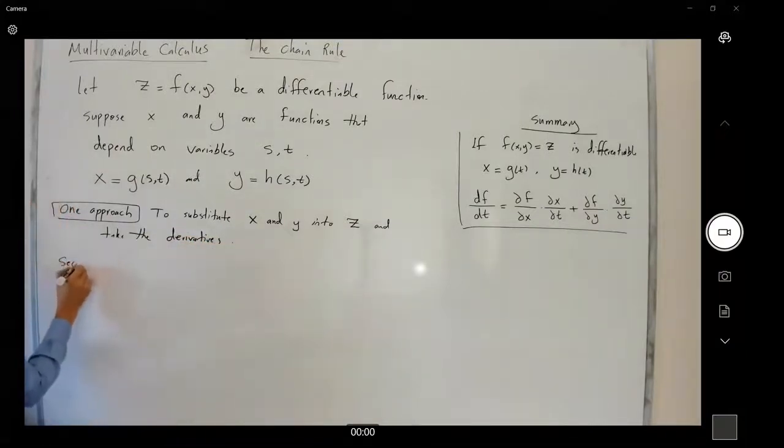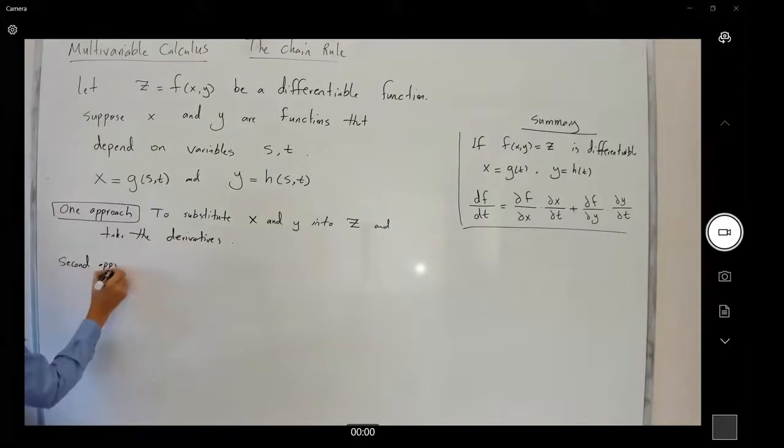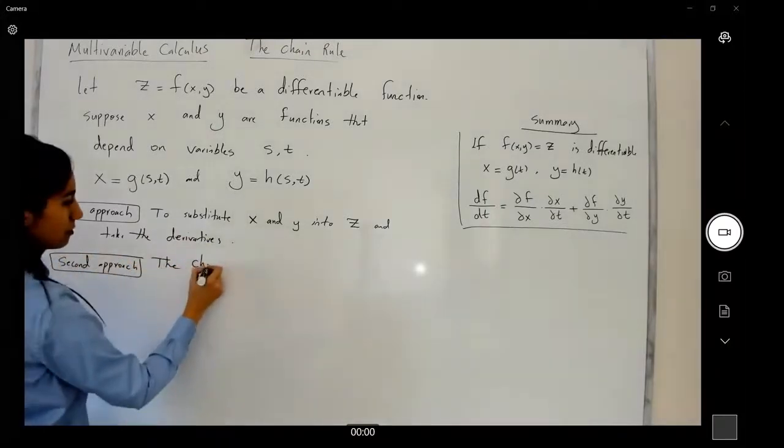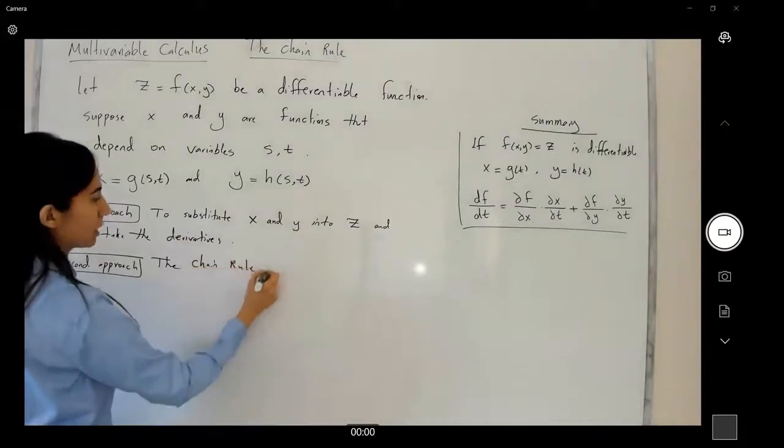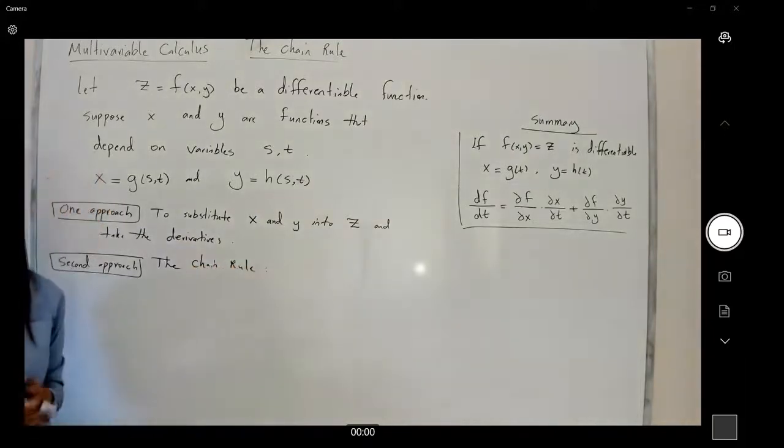Second approach is to use the chain rule. Again, the outcomes must be the same.